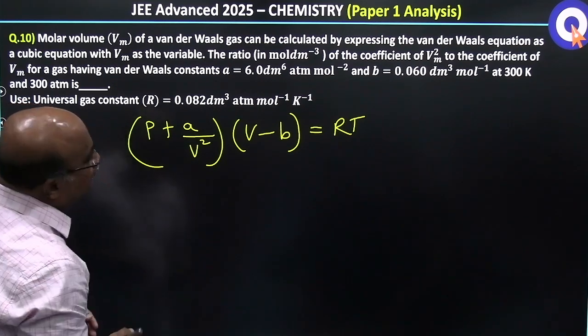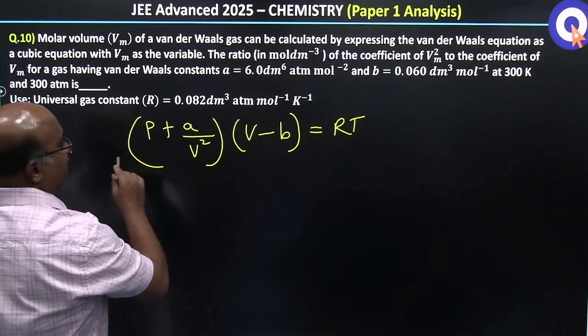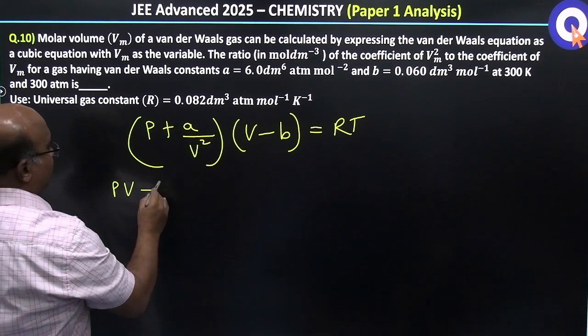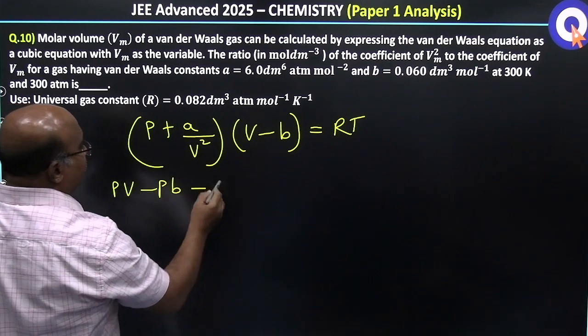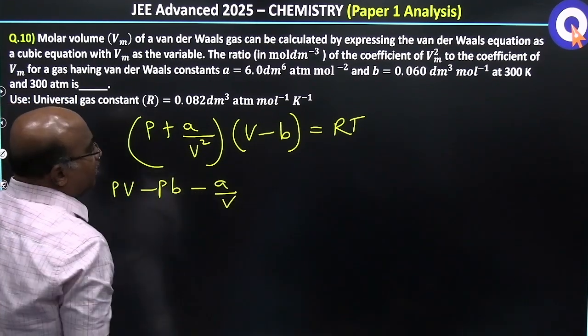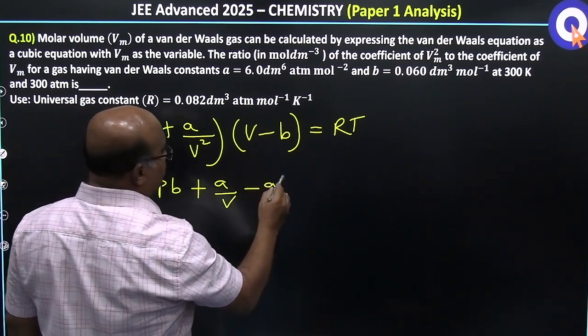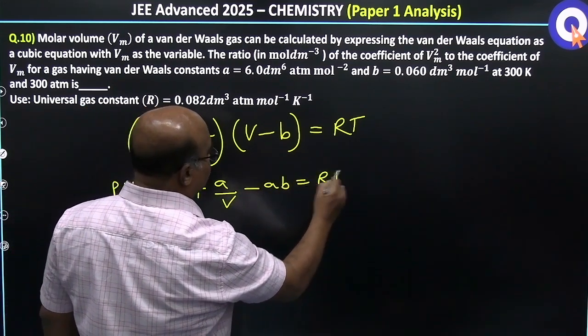So let us expand the equation first. PV minus PV minus A by V, sorry, plus A by V minus AB is equal to RT.